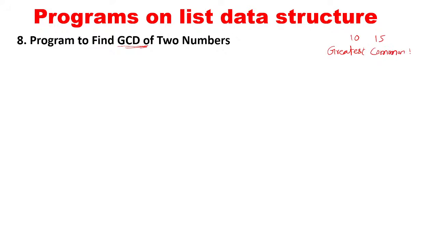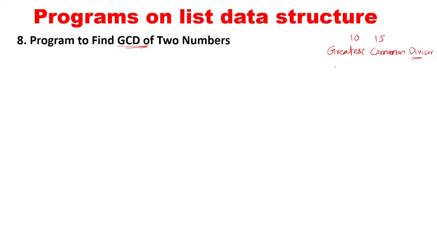The meaning of this is that among all the numbers which divide these two numbers, the greatest one. Common to both, that means it should divide both the numbers. Among those, the greatest divisor that you identify is called the GCD.